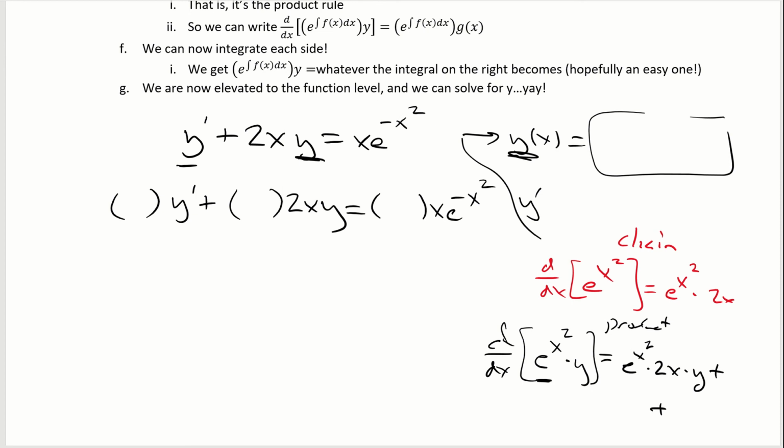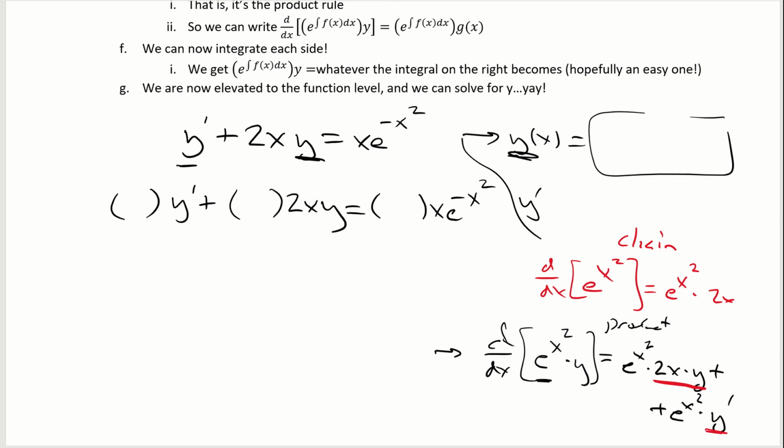Plus, leave e to the x squared alone, and hit y with the derivative, which I'm going to call y prime. Okay? All right. So here's the thing. This thing that we derived and came up with right here is almost the same as the problem that I invented. So what we have is the 2xy right there, and we have the y prime.